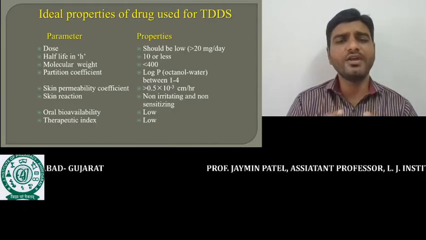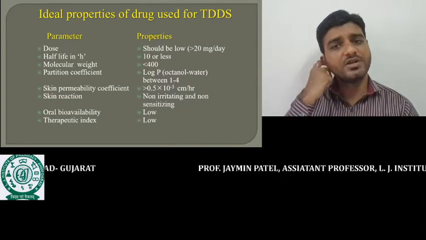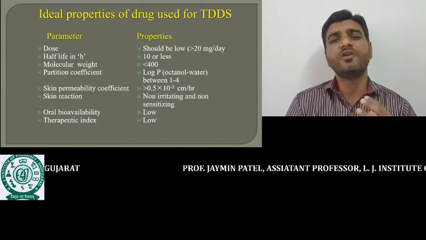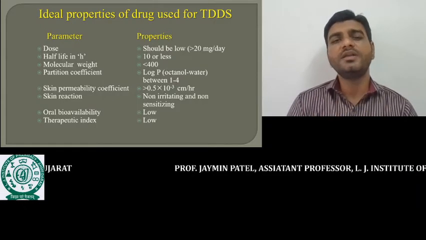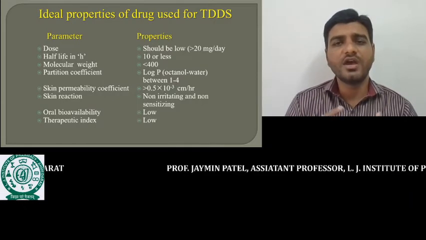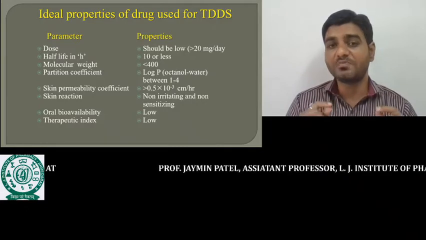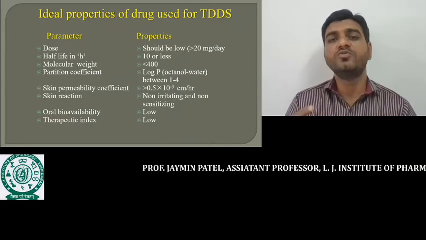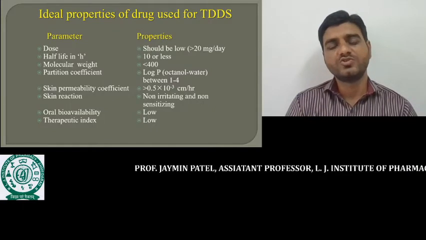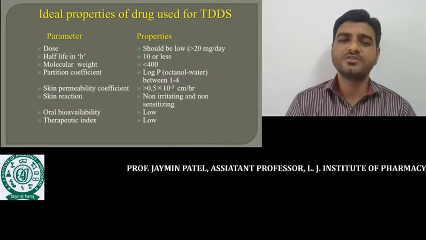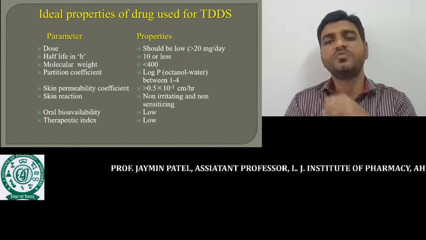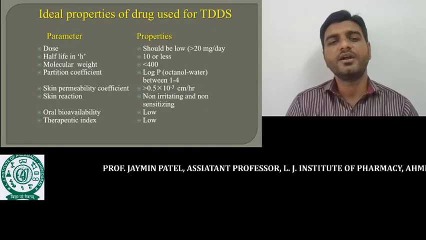If we talk about the molecular weight, it should be less than 400 daltons. Why? Because if the molecular weight is more, the drug is not going to permeate through the skin, because the permeability of skin is very low with respect to mucous membrane. That's why the molecular weight of the drug should be less than 400 daltons.